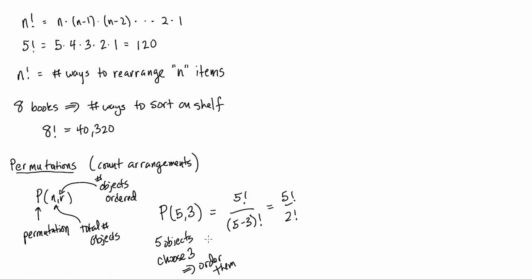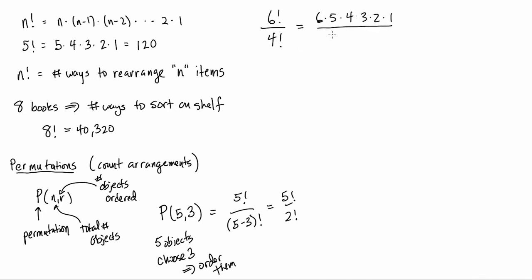And so I want to do a little bit of just some computational work here with you to do some simplifying. So let's say I asked you to find 6 factorial over 4 factorial. Well, the top is 6 times 5 times 4 times 3 times 2 times 1.